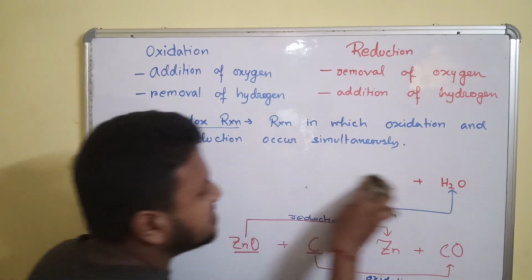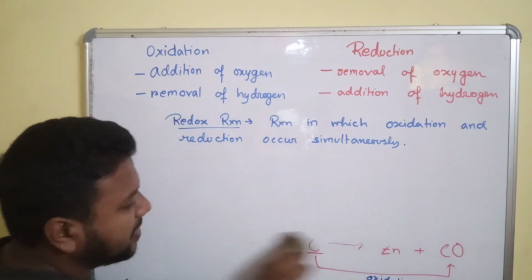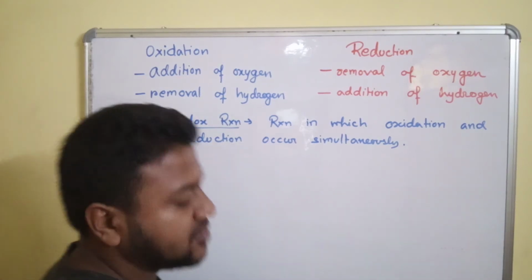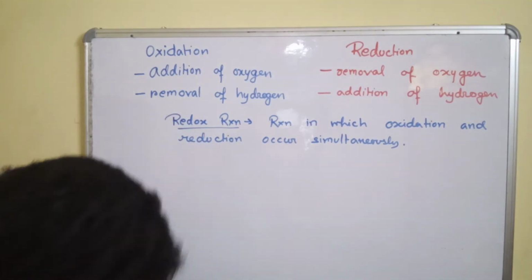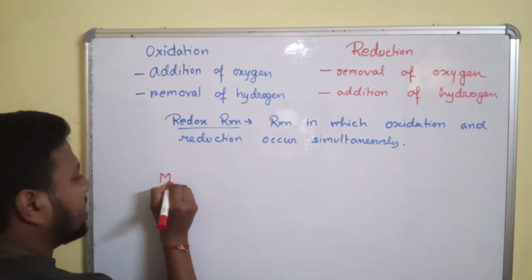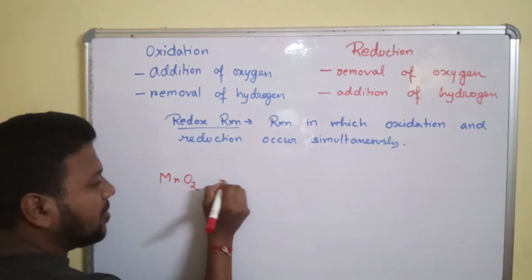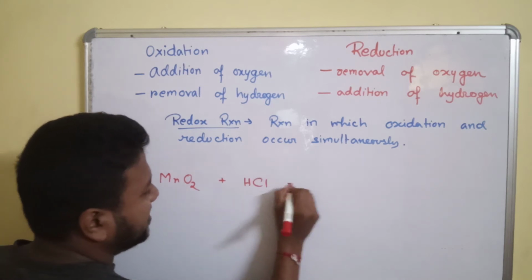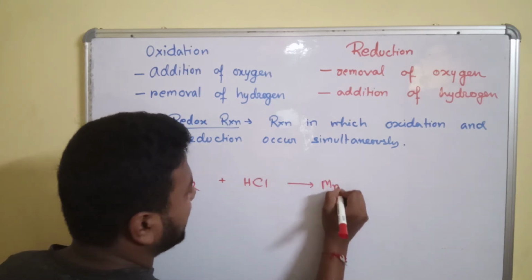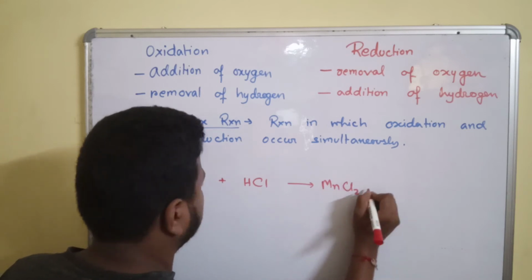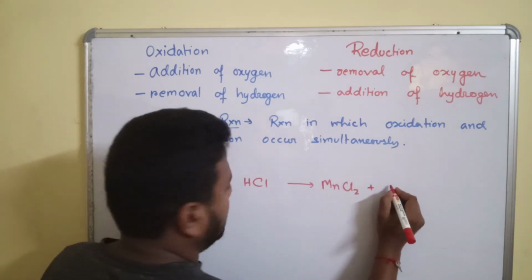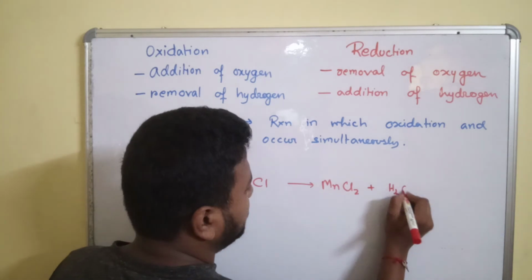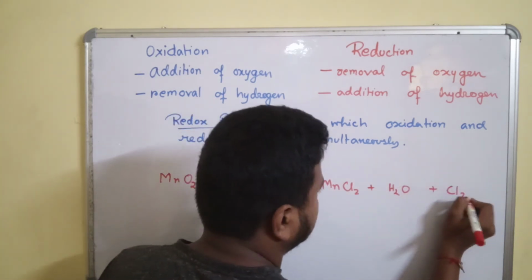You have to practice this more and more, taking many redox reactions present in your book. Let us take one more example, like MnO2 plus HCl. When it reacts, it gives MnCl2 plus H2O plus Cl2.